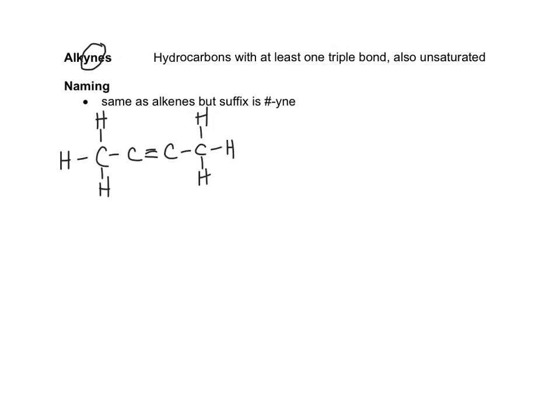So if you look at this compound, longest carbon chain here is 4, and the triple bond is right here in the middle. So start counting at the end closest to the triple bond.